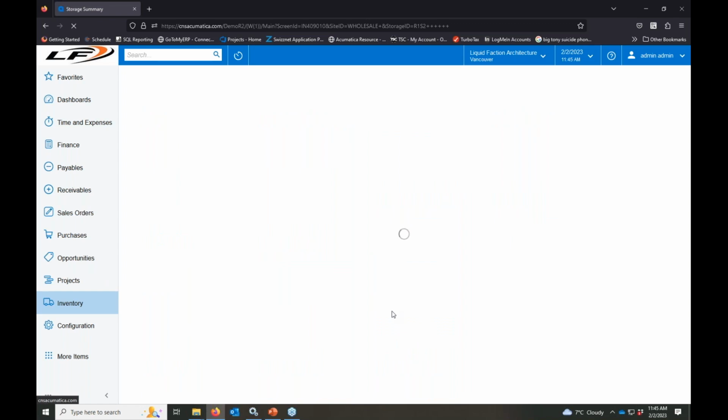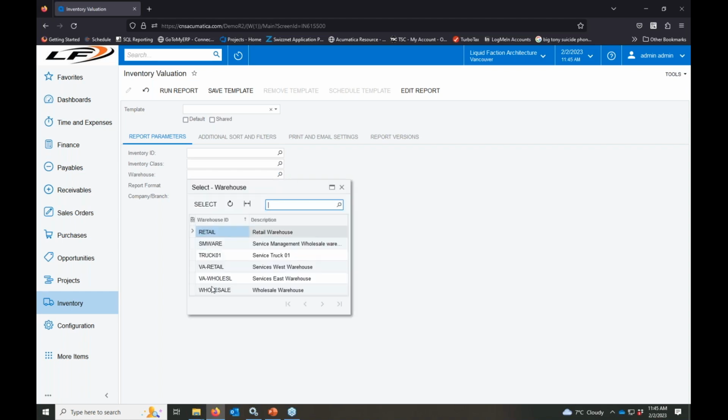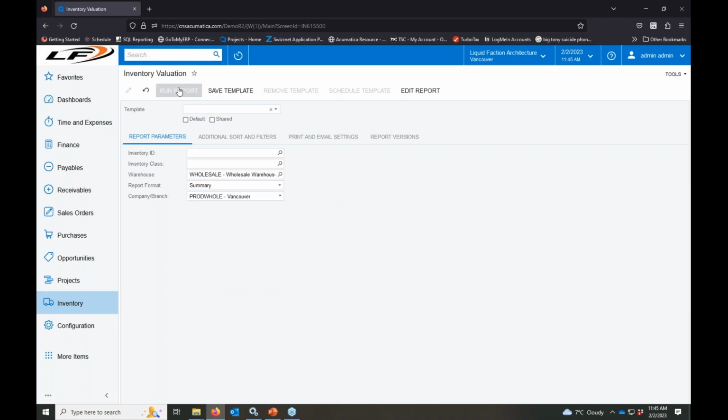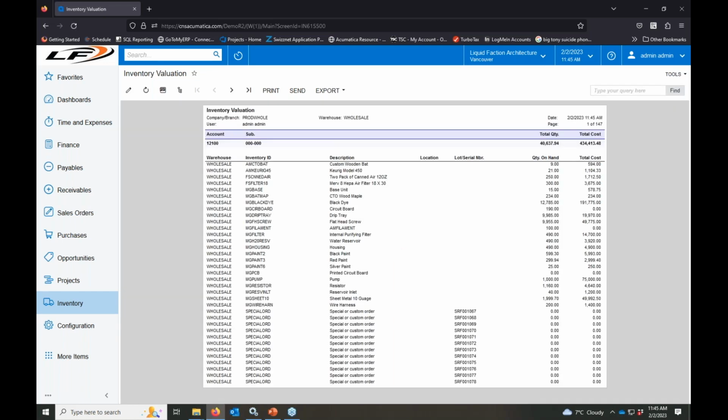Inventory valuation, which is a report. So let's pick a warehouse. Let's see if we can run this report. So we've got our warehouse. This is our account number that all of these inventory items and quantities are being posted to, that 12100 account.